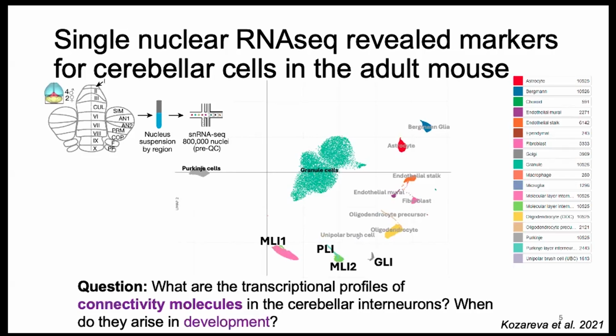But our question is, what are the transcriptional profiles of the connectivity molecules in these interneurons, and how does this develop over time? And so to study this question of development, we have to turn to a developmental RNA-seq data set where we've selected cells all the way from embryonic day 18 all the way to P16, so just postnatal day 16.